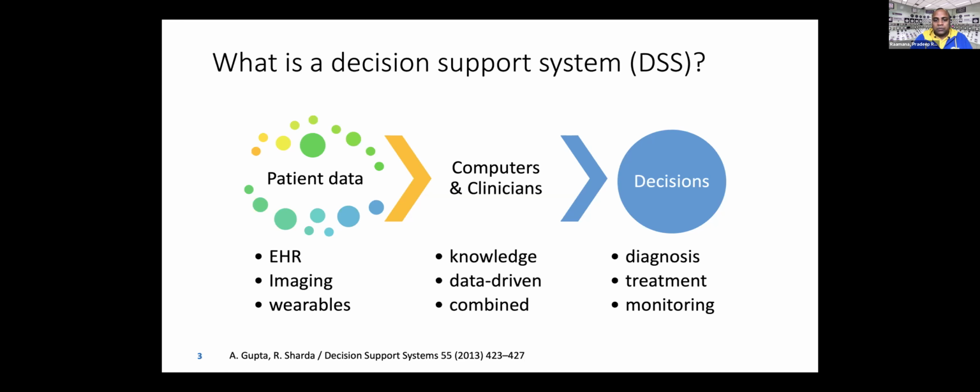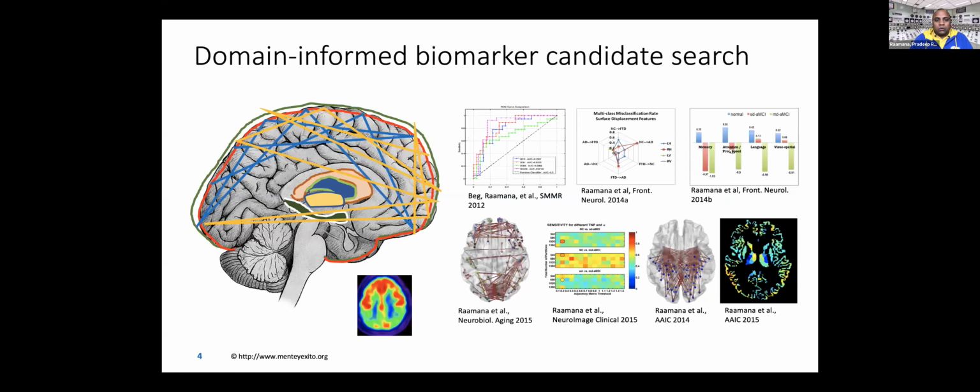Essentially, in this space, what I realized over the years, and I'll delve into that in a second, is that there are two fundamental issues. I realized those issues while trying to pursue what I call a domain-informed biomarker candidate search.